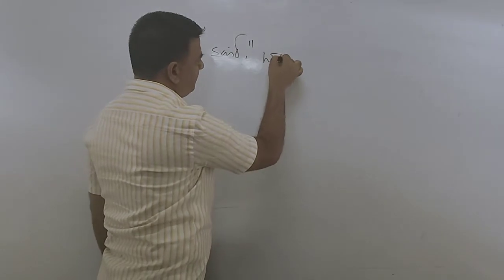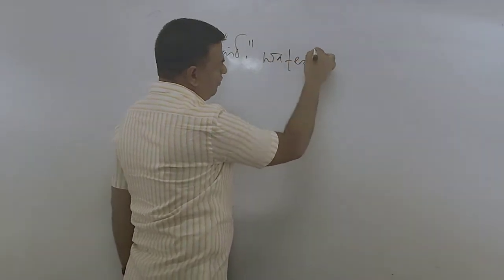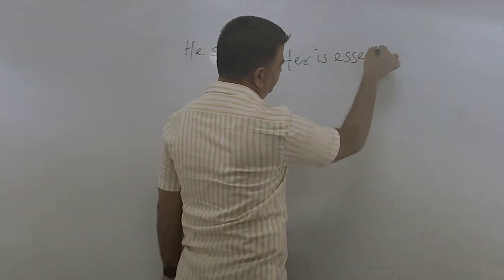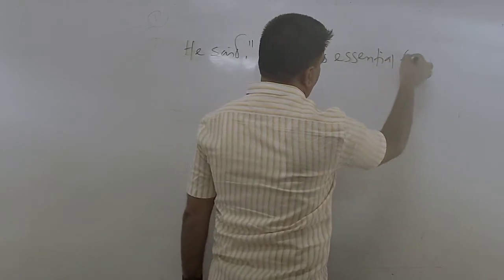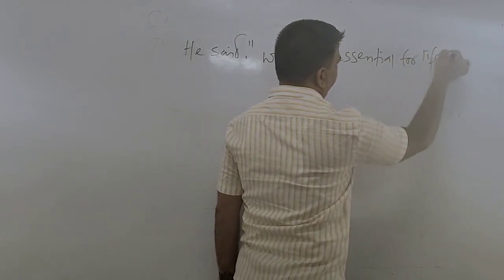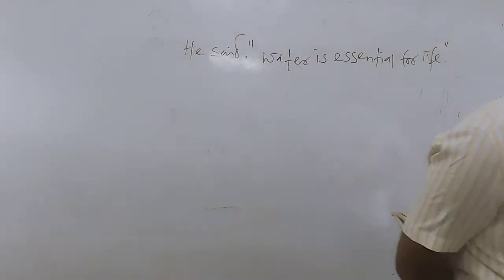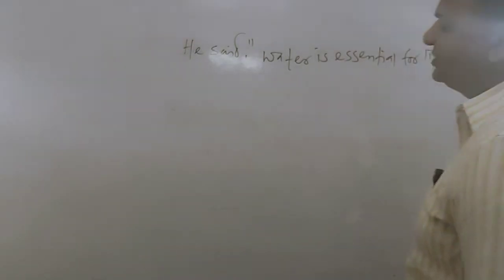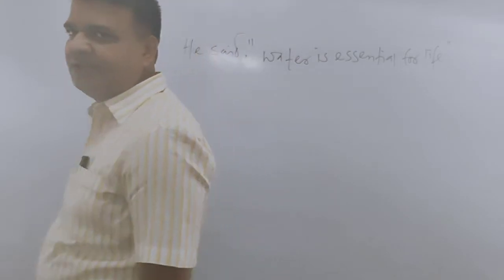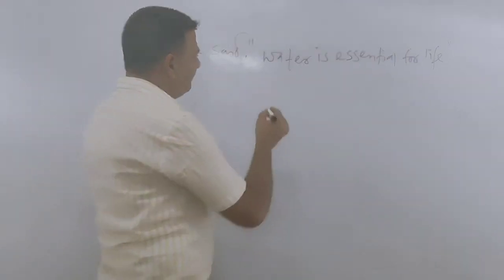He said, water is essential for life. We couldn't say water was essential for life or water will be essential for life, but in any age we simply say that water is essential for life.